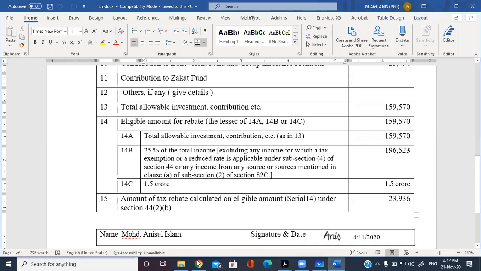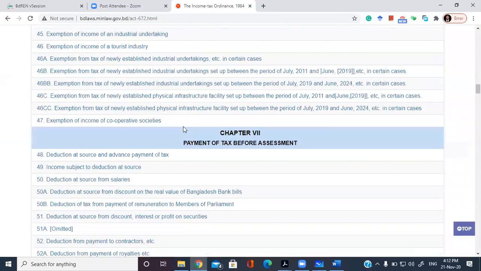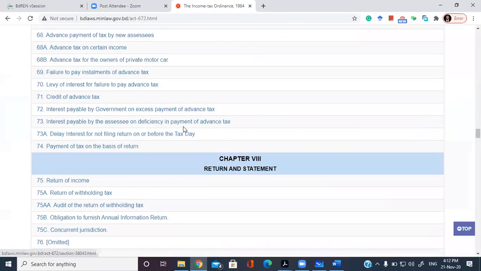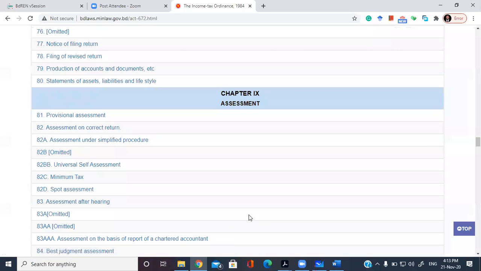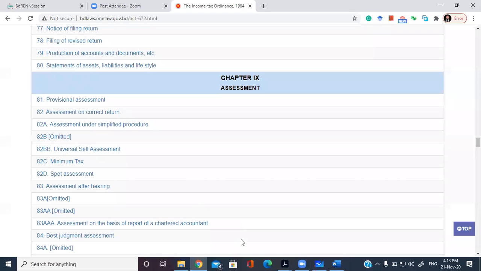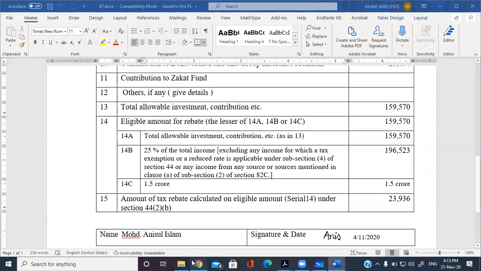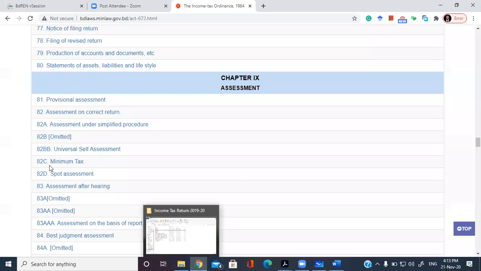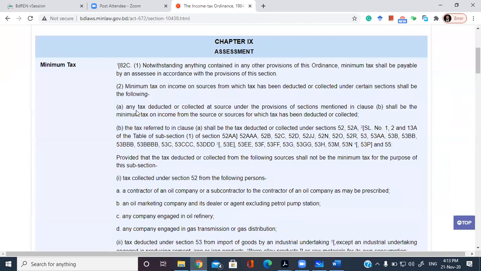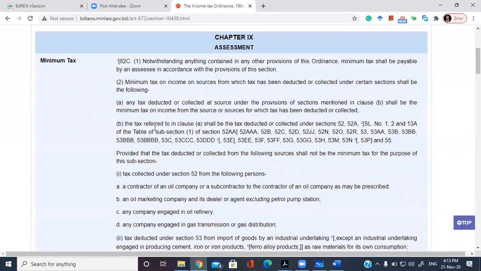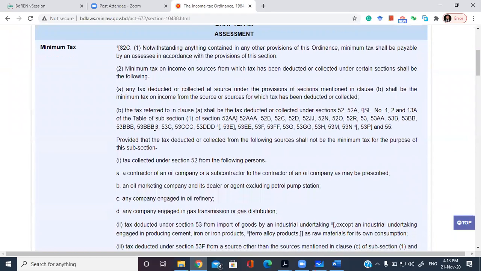Of the Income Tax Ordinance. If you go to the Income Tax Ordinance, 82C, this is the section, and subsection 2.